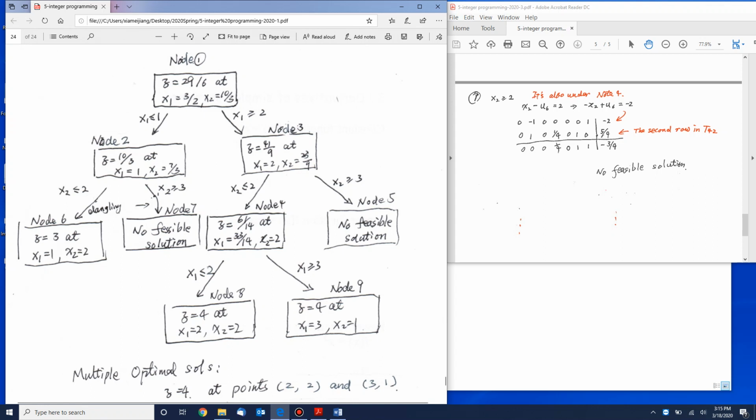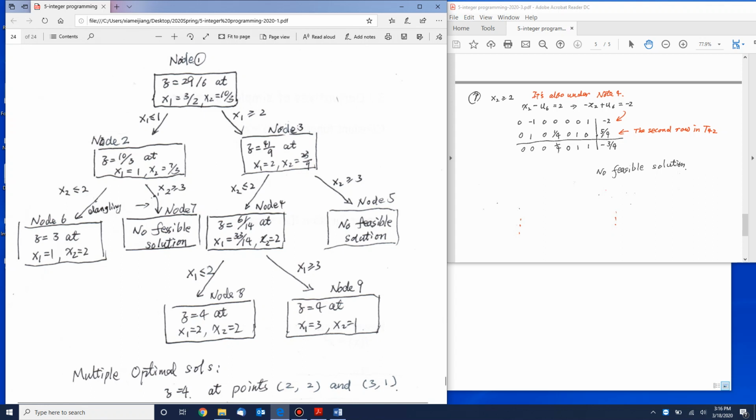Be careful, because this new constraint we need to bring into node 2's final tableau, right? So when we bring it in, we solve it by the dual simplex method. We found the optimal solution is z equals 3 at x1 equals 1, x2 equals 2. So this one is a terminal node.